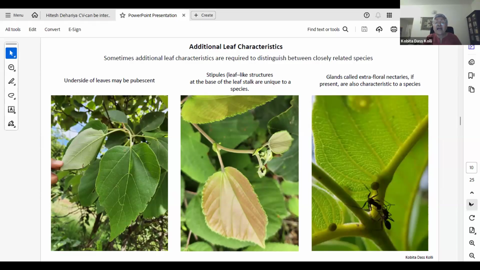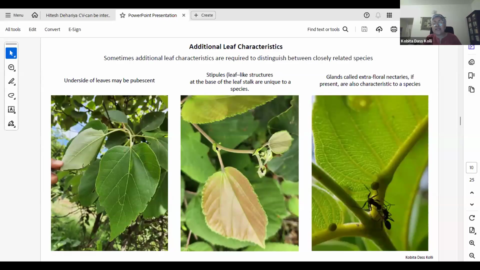And in the middle, we have the dhaman, which is Grewia tiliifolia. Now, if you see at the base of the leaf stalk, you have stipules. If you can get a close-up of stipules, it is a great feature which helps in identification. These particular stipules are angel-winged stipules.